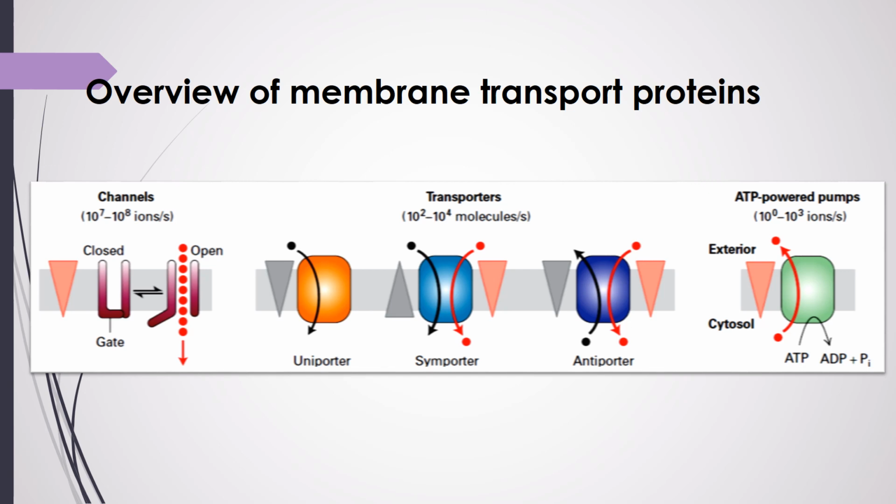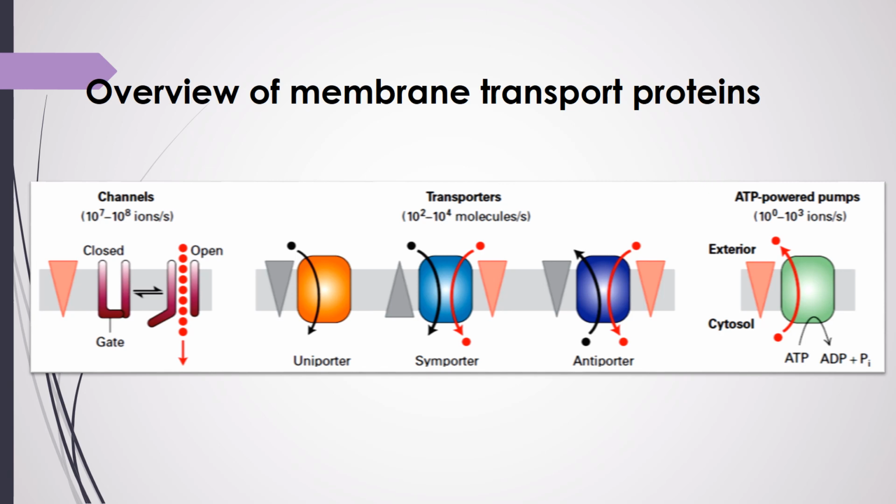Now we move to the transporters, also called carriers. They move a wide variety of ions and molecules across the cellular membrane, but at a much slower rate than channels. Three types of transporter as mentioned earlier: uniporters, antiporters and symporters. Uniporters transport a single type of molecule down its concentration gradient.